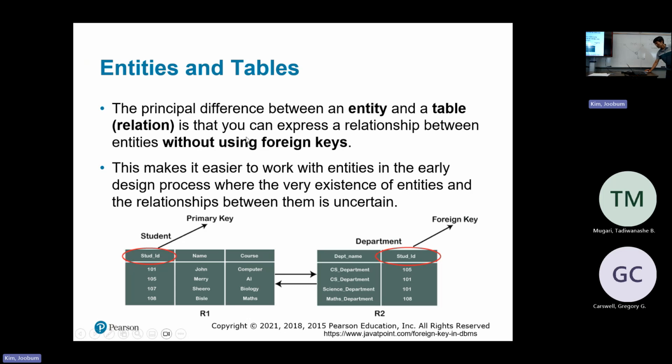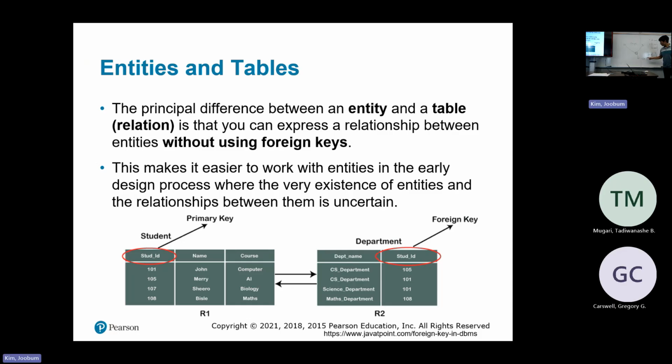Anyway, the difference between an entity and tables: in our ER diagram, we don't have to identify this is a primary, this is a foreign key. We can just draw this is an entity and this is an entity, something like this. You don't have to add the foreign key.